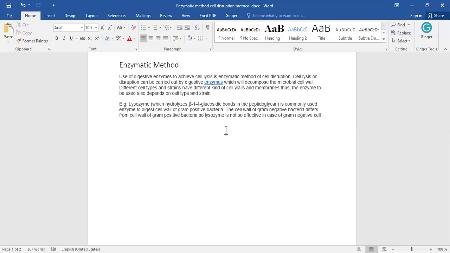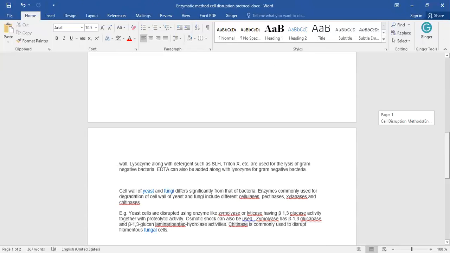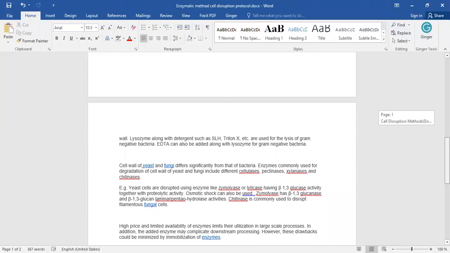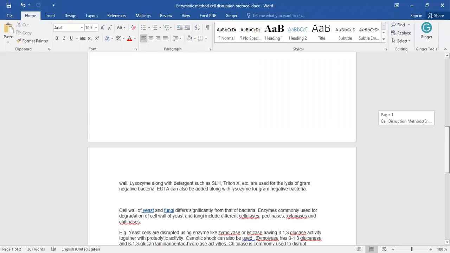This is the basic idea of enzymatic disruption of the cell. Now we talk about some more things which we can use.